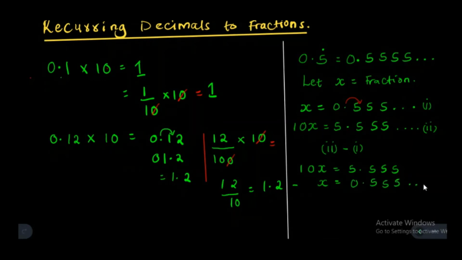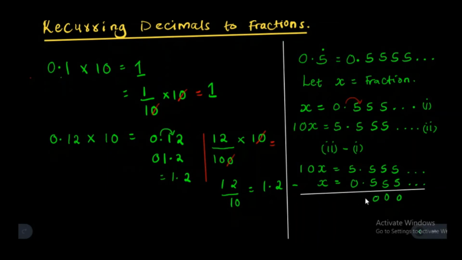I'll put this dot to indicate that it is a recurring decimal. I'm going to put a line right here and then subtract these values. From my right hand side, if I subtract all these fives, they give me 0, a 0, a 0, so many zeros.